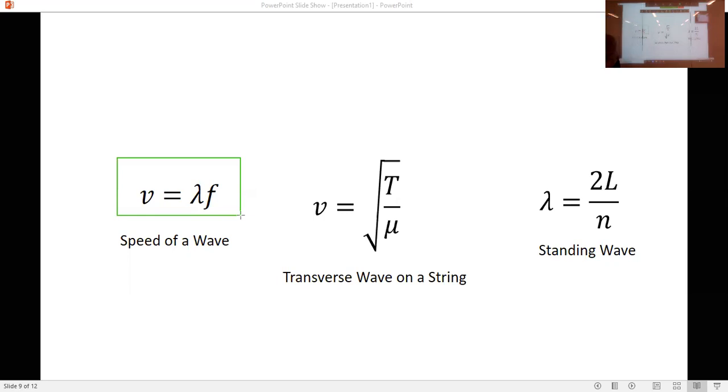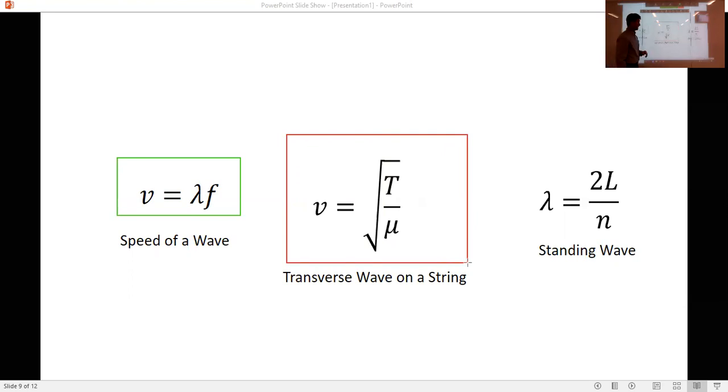The other equation that we are going to use here is this middle equation right here, which is the speed of a transverse wave on a string. It says the square root of the tension, and for this experiment, we're actually going to hang a mass off, so the tension is actually going to be mg in this particular case.